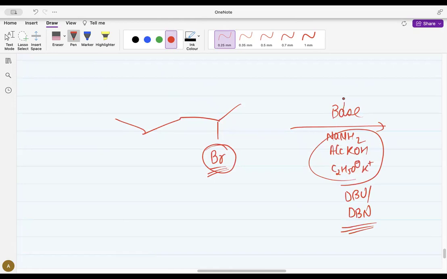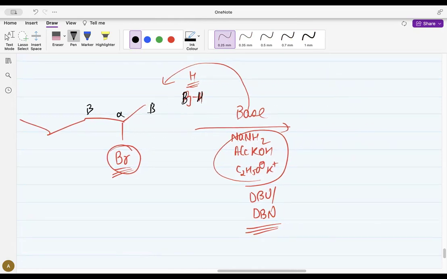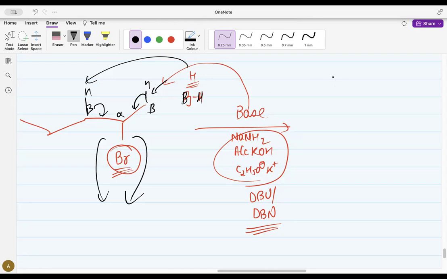So this base will come and will take the hydrogen from where? From beta hydrogen, from the beta side. It will take the beta hydrogen. So this one is alpha, this one is beta. Done. So if it takes hydrogen from here, it will make a double bond here, bromine minus leaves, anti-attack, anti. And if it takes from here, it will make the double bond here. So it can make two products, this one and this product.